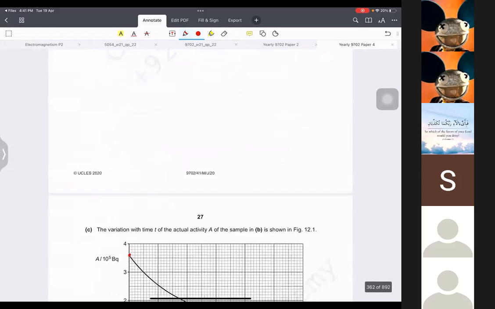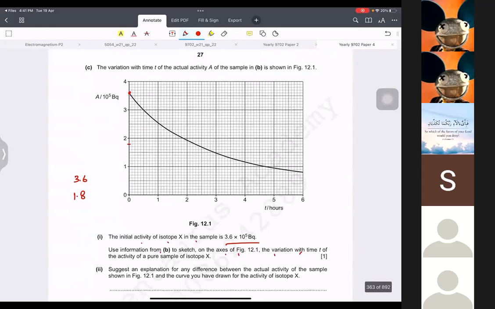Half-life is 1.4 hours, so you mark a point right here first. Then the next half-life: 1.8 divided by 2 is 0.9.